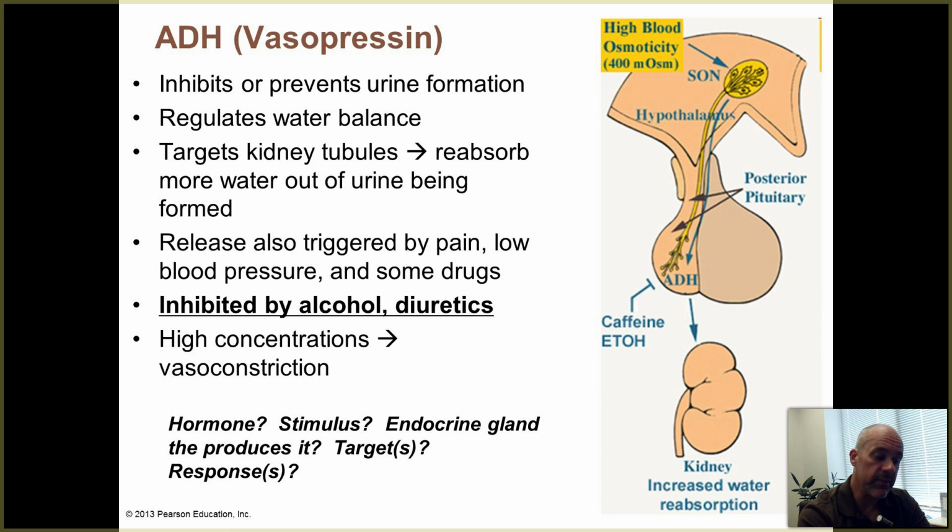All right, interestingly, some things that inhibit ADH: alcohol, diuretics. Now we already mentioned that diuretics are drugs that cause you to pee more. They increase your urine volume, so it makes sense that diuretics are going to counteract or inhibit this particular hormone. But here's, interestingly, alcohol.